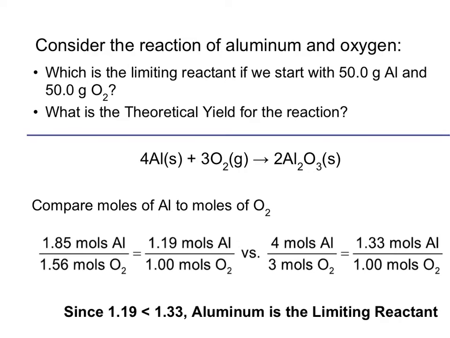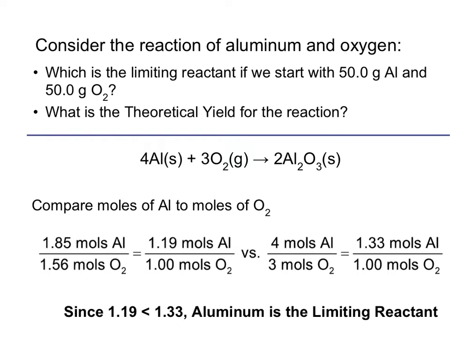Next, we want to compare our starting moles of aluminum to our starting moles of O2. So we calculated before that we had 1.85 moles of aluminum and 1.56 moles of O2. So we divide those by each other, and we see that what we have to start with is 1.19 moles of aluminum per every 1 mole of O2.